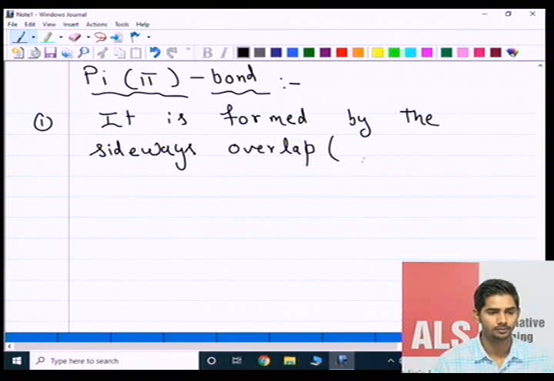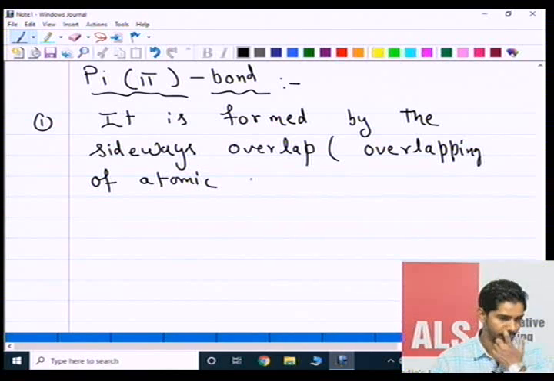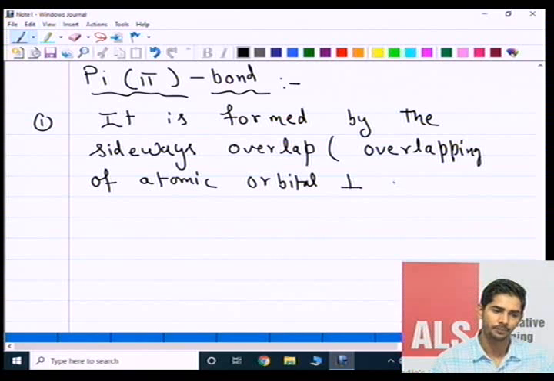Means overlapping, perpendicular, you can say overlapping of atomic orbitals perpendicular to the internuclear axis.